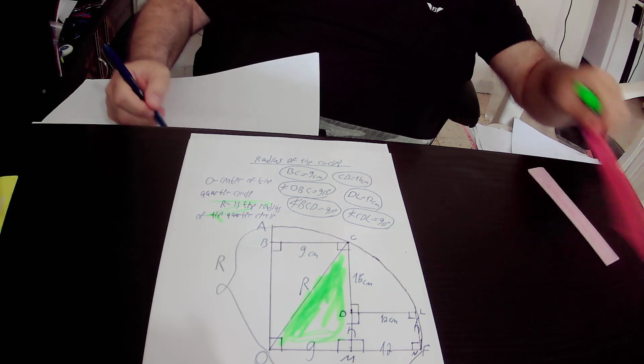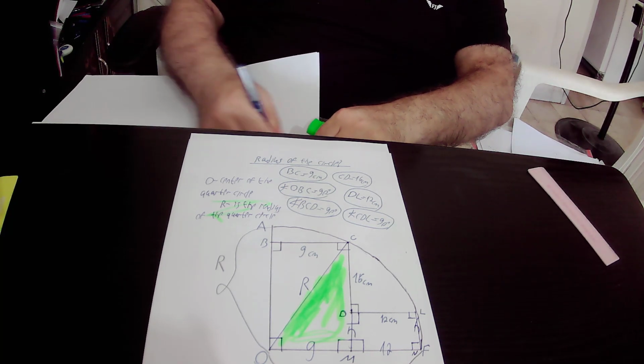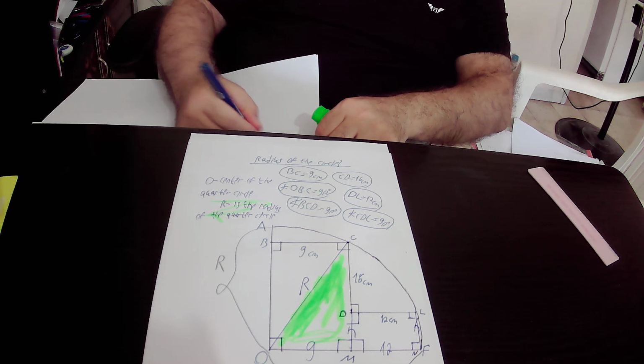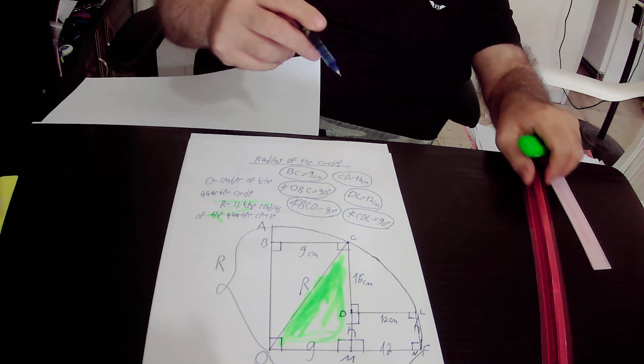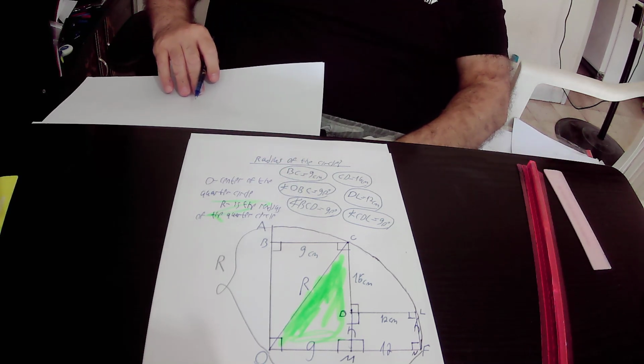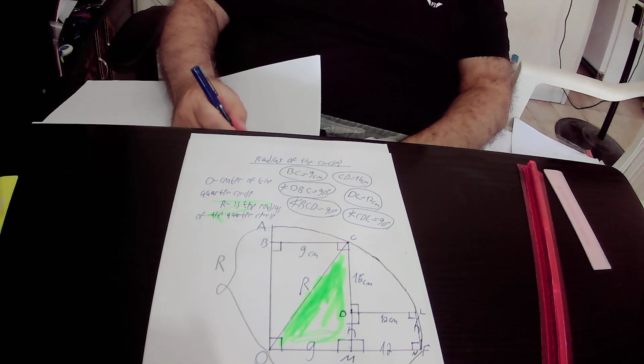Here OC equals capital R, the radius of the quarter circle, therefore OC square will be equal to capital R square.